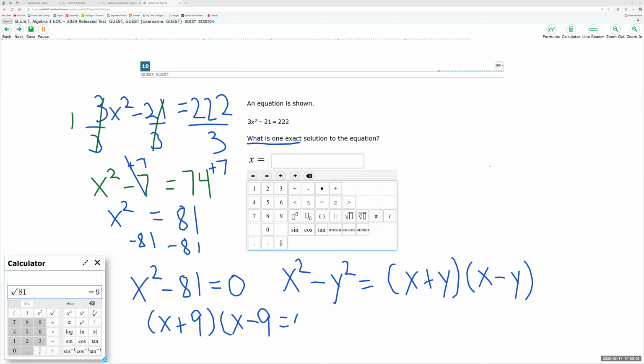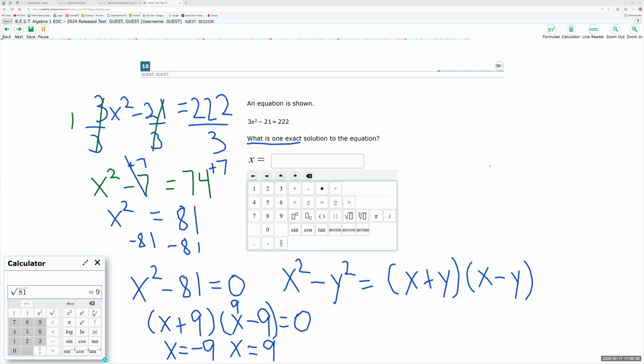is equal to 0. In order to solve each of these parentheses to 0, in this case, I would need to subtract 9, and in the other one, add 9. So in this case, x is negative 9, because negative 9 plus 9 is 0. And in this case, x is 9. You can easily see if I put a 9 here, 9 minus 9 is 0, so x is equal to 9.